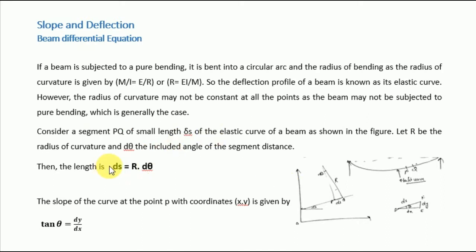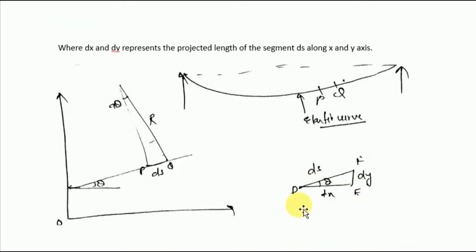According to this triangle, tan theta is equal to dy upon dx, as you can see from this diagram. Let's get a little further.